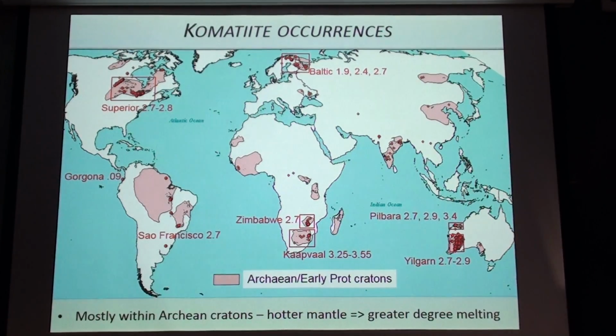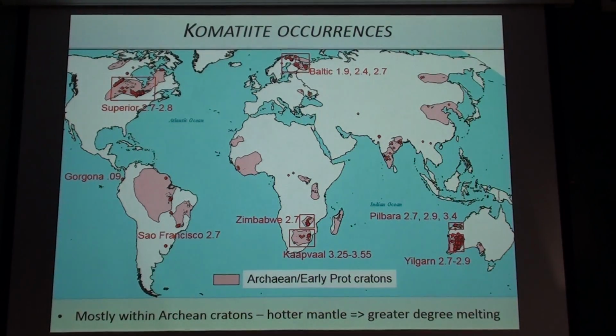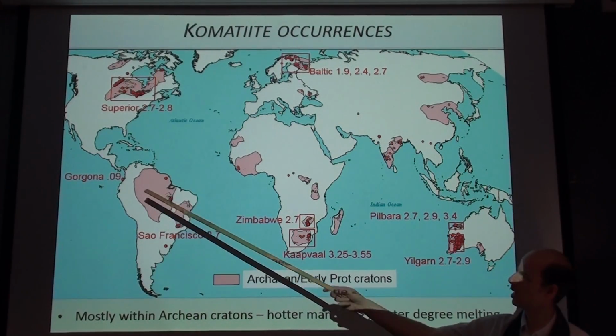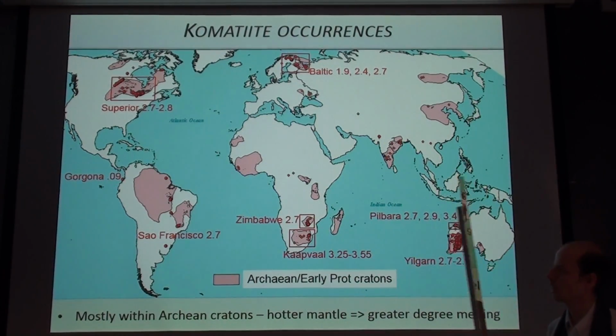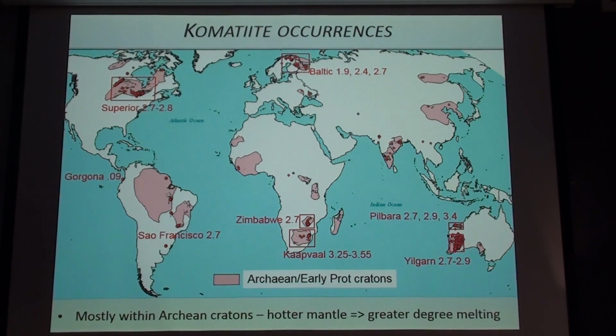And they occurred, as I mentioned, mostly in the Archean. So there is an occurrence of komatiite in South America that is 90 million years old, but none is known to occur today.